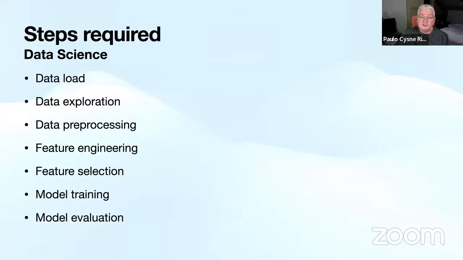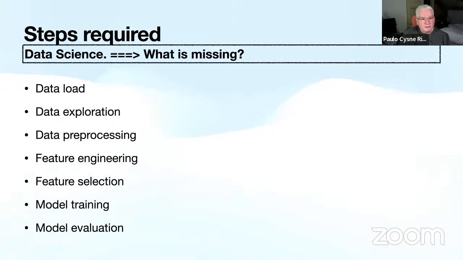You do feature engineering, feature selection, and then model training and model evaluation. These are the usual steps. But there are some things I want to point out: the most important steps are not only these. The data exploration, preprocessing, feature engineering, and feature selection are very important.